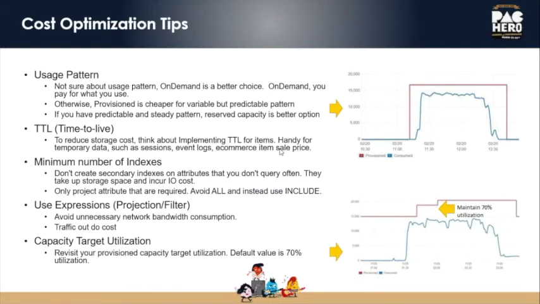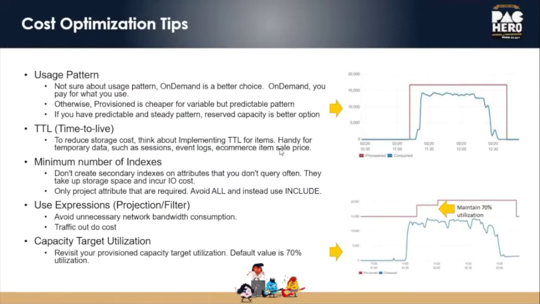If you have a predictable and steady pattern, so let's say you'll always get 1 TPS, that's 1 request per second, always, then go with reserved capacity. You will save quite a lot of money on reserved capacity. In our case, we use on-demand and provisioned capacity, depending on the workload that we are running in production.